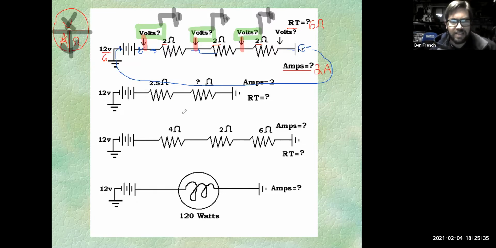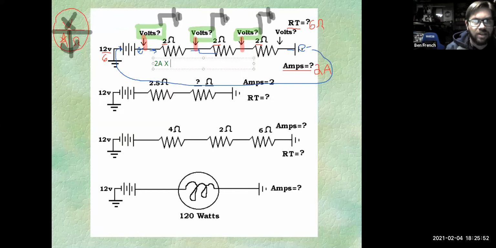So in this case, I have 2 amps, and I'm going to multiply that by 2 ohms. And of course, 2 times 2 is 4.